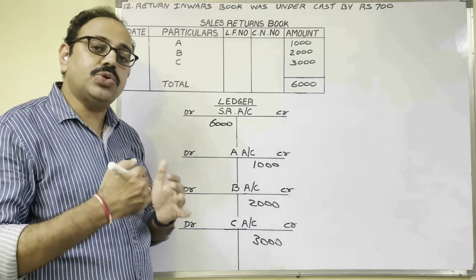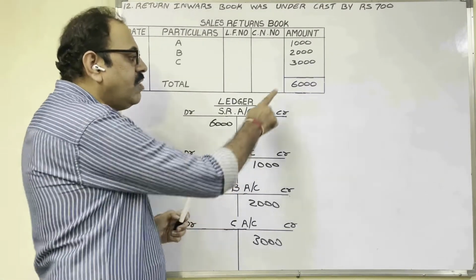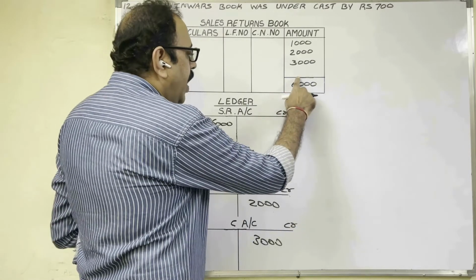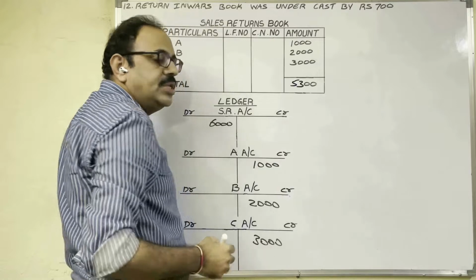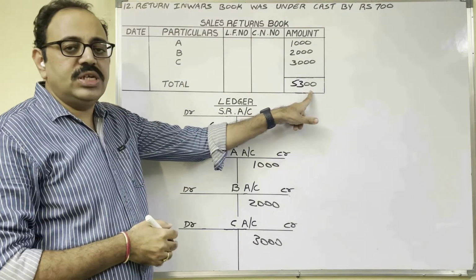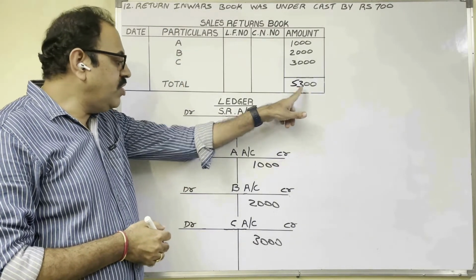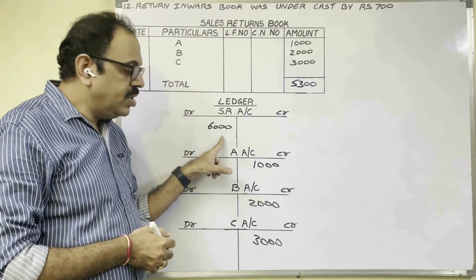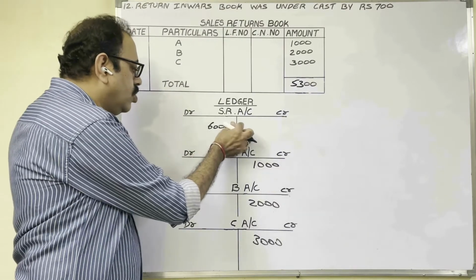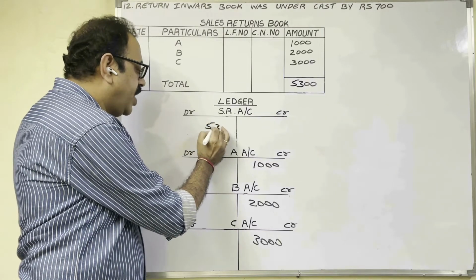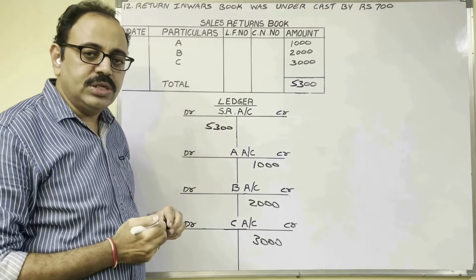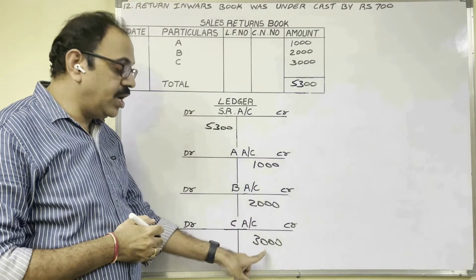Undercast means less total. So instead of 6000 rupees, accountant wrote 5300 rupees. When total is 5300, then total only we post in sales returns account. In sales returns account also, instead of 6000, they debited 5300 rupees. Individual accounts are correctly posted.